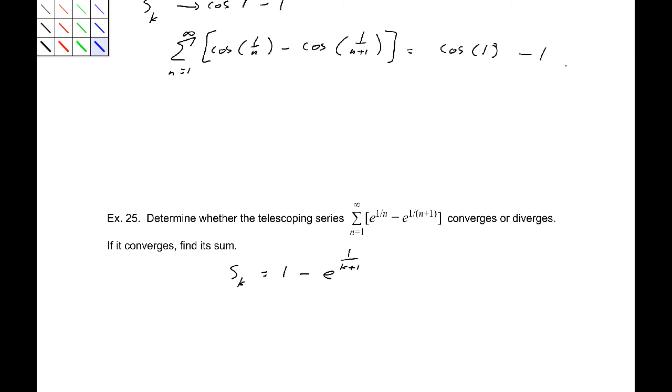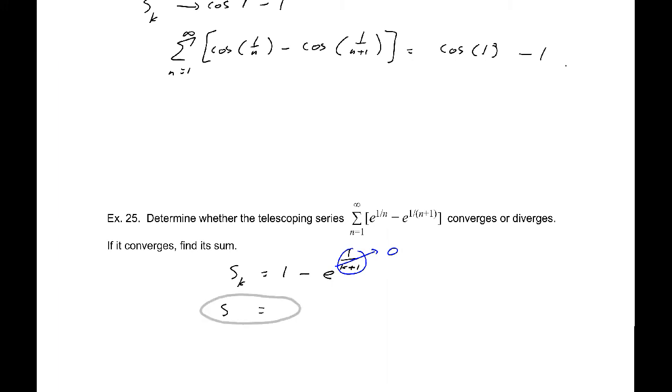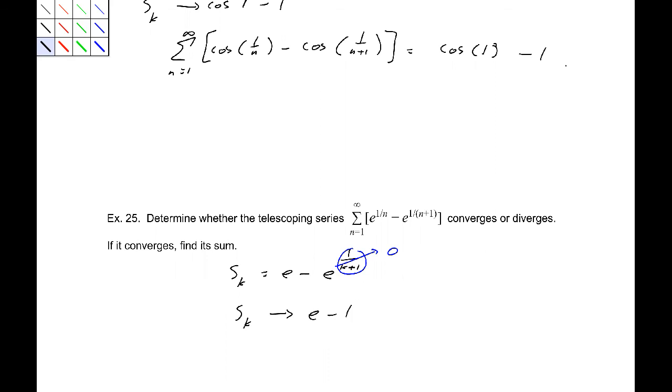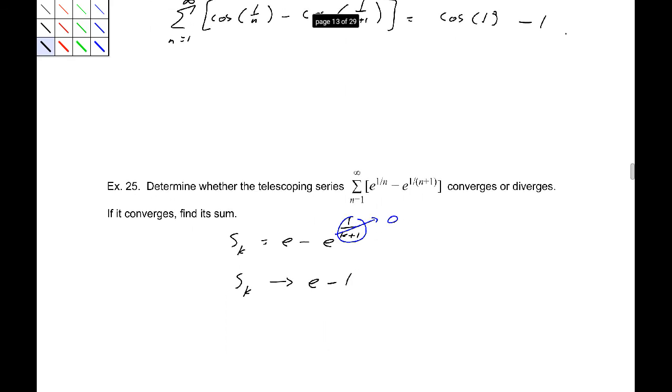Now, as k goes to infinity, this exponent goes to 0, which means sk approaches, oh, that should be an e right there, e to the 0 is 1. So this approaches e minus 1, which means that our sum from 1 to infinity of e to the 1 over n minus e to the 1 over n plus 1 equals e minus 1.